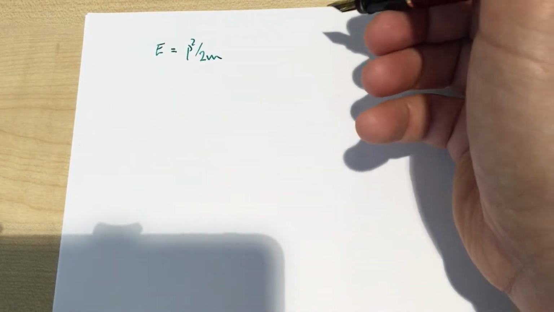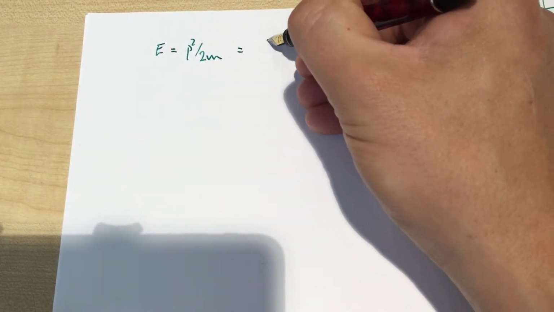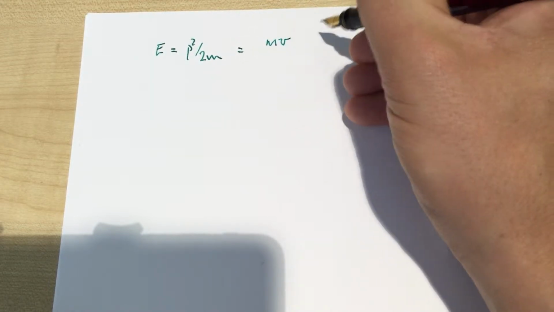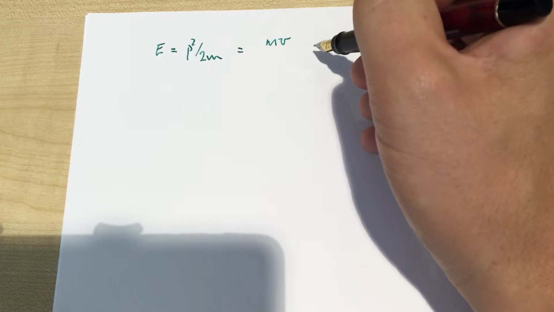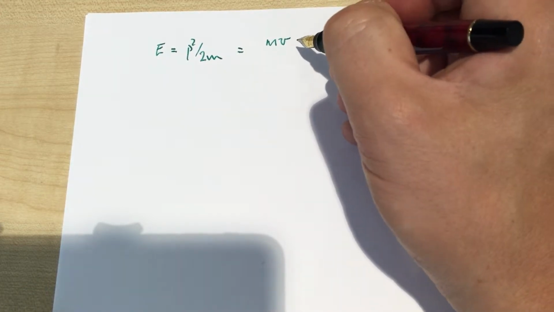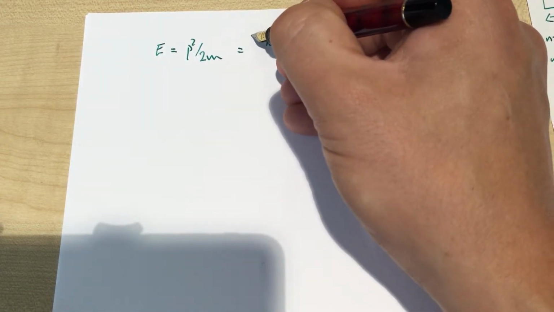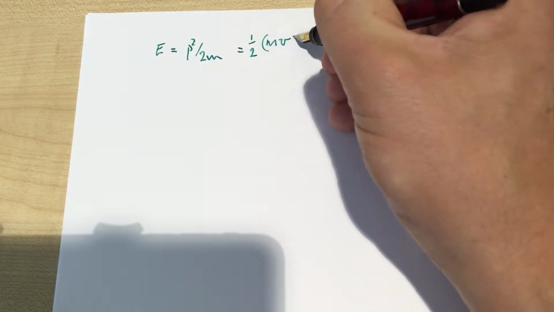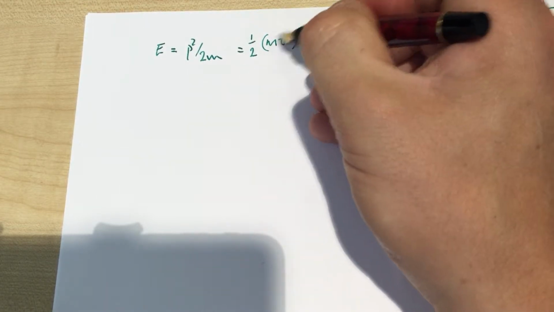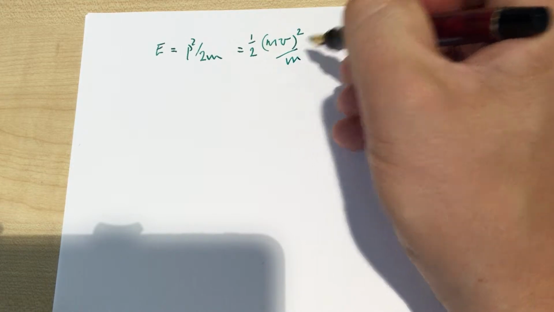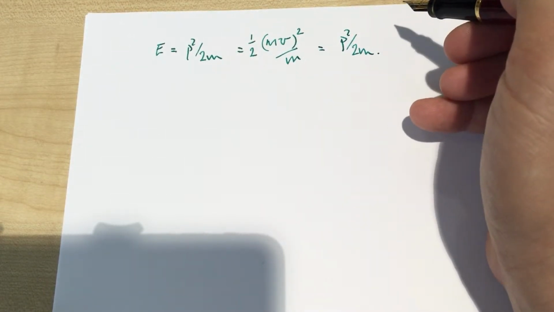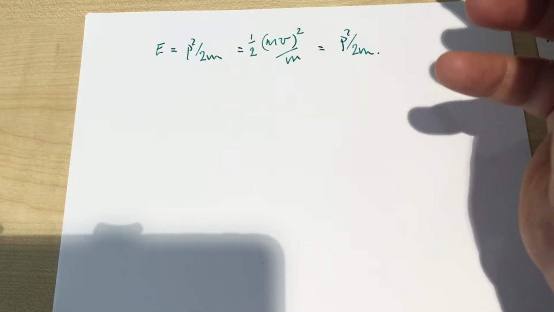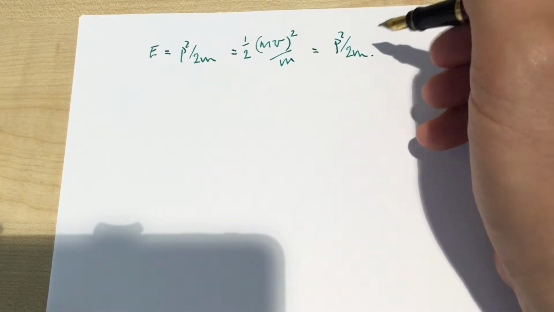You might ask, where on earth did that come from? Well, it's the idea that you have momentum mv, and I'm trying to change this momentum into a kinetic energy, which is a half mv squared. But in order to have squared this function, I need to divide through by m, so that's giving me p squared over 2m. And therefore, what does that give me?